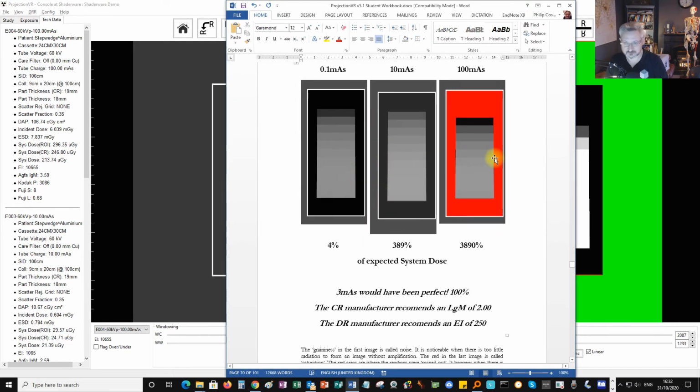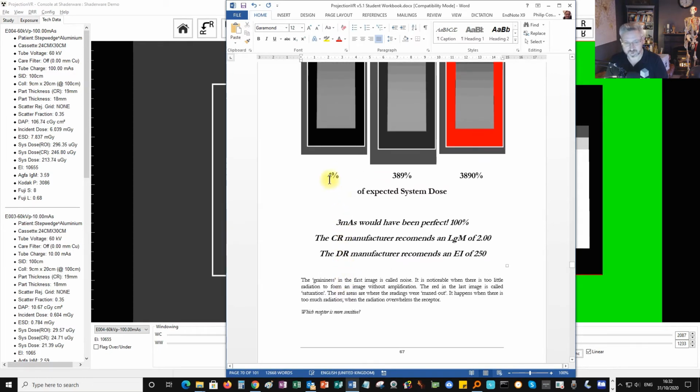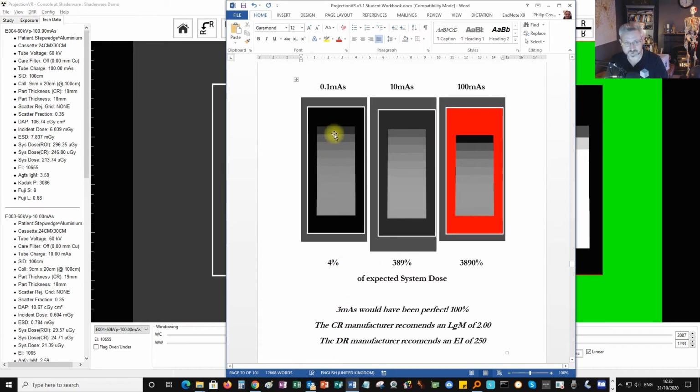There's the comparison of the exposures here. The 0.1 MAS was only 4%, the 10 MAS was 300%, and the 100 MAS was 3,800% of the expected system dose.